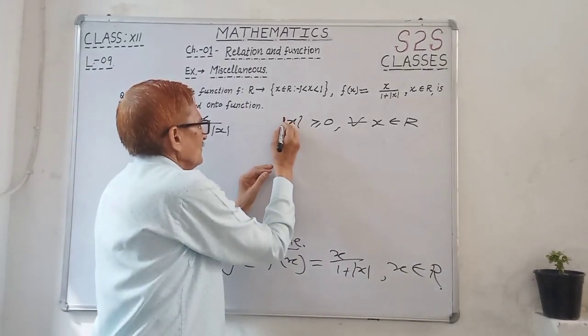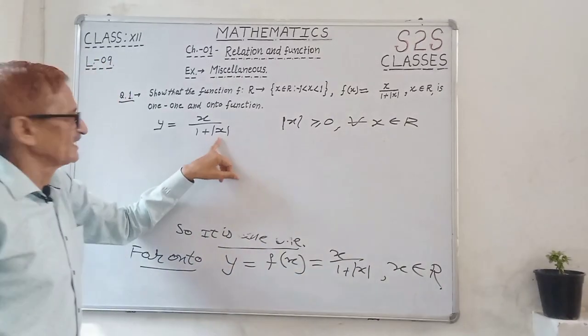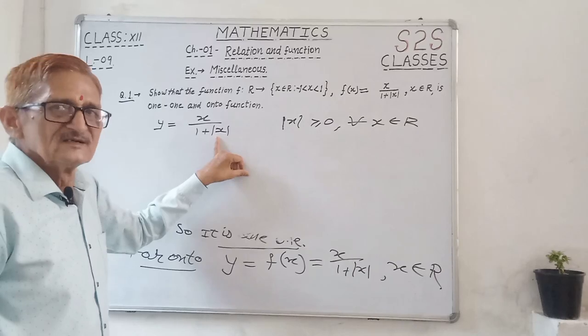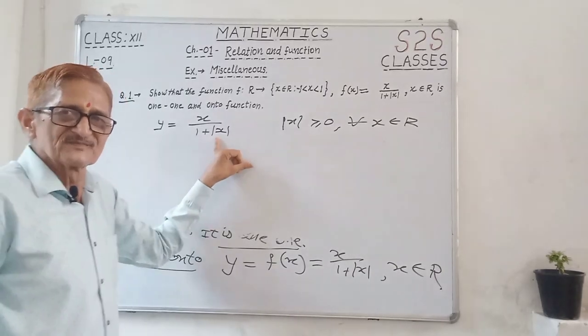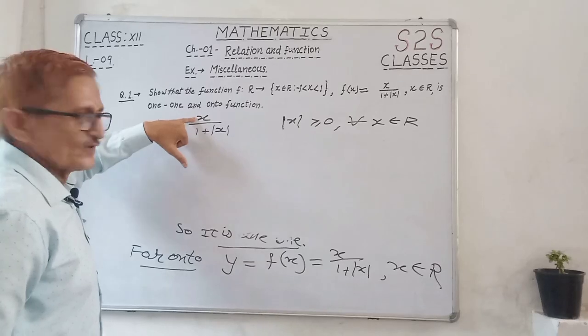So it will be greater than or equal to 0, meaning positive, so 1 plus something will be greater than 1. The numerator may be negative or positive.